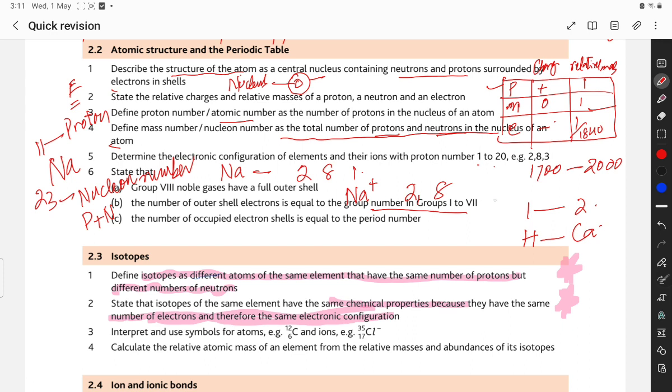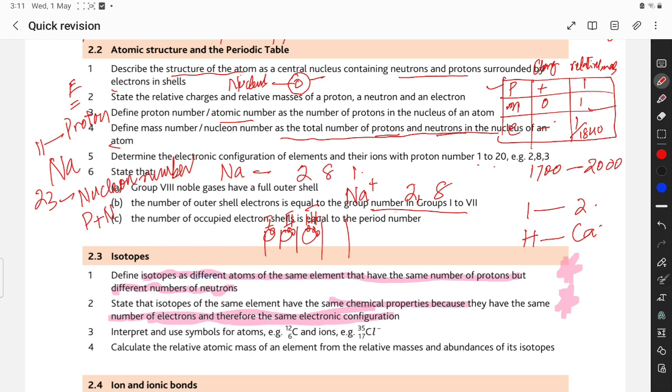Group 1 has 1 electron in its valence shell, group 2 has 2 electrons, group 3 has 3 electrons.